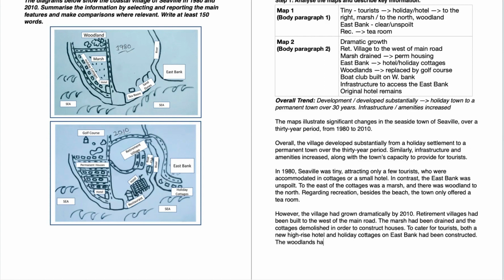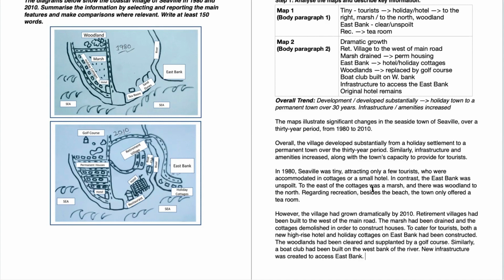The woodlands had been cleared and supplanted by a golf course. And this is what we talked about here. The woodlands are gone. So I've said they've been supplanted, which is basically replaced by a golf course. Now I'm going to say, similarly, a boat club had been built on the west bank of the river, and new infrastructure was created to access East Bank.